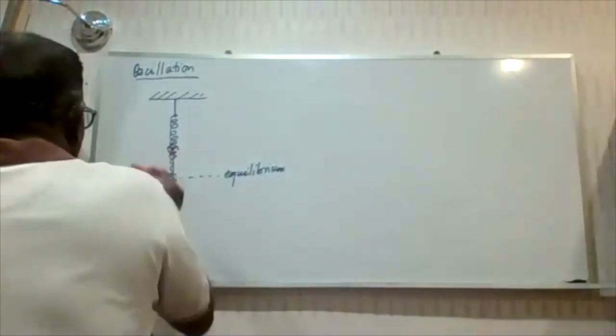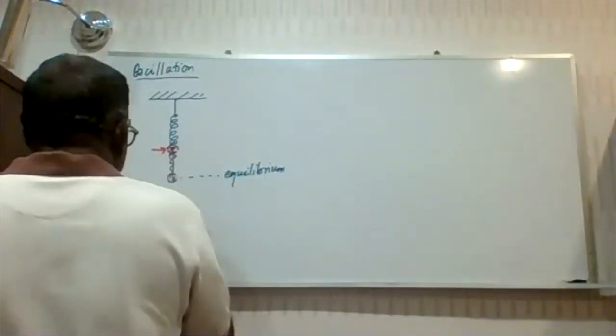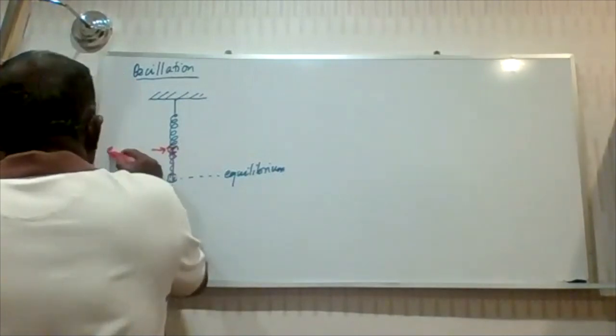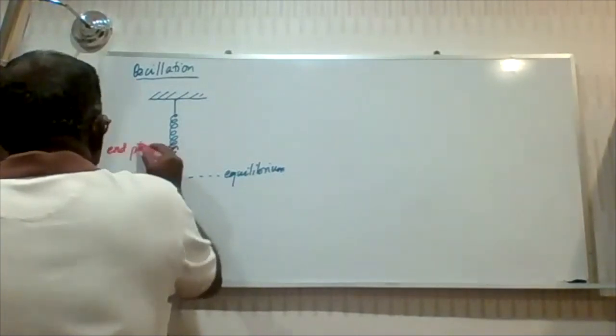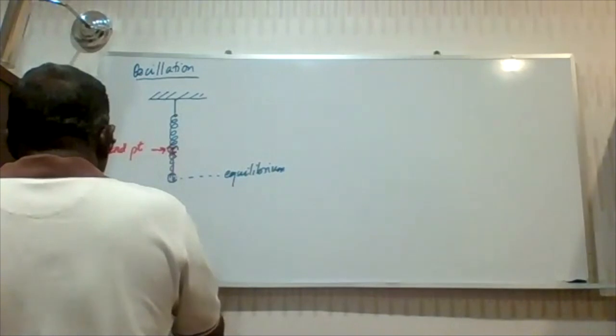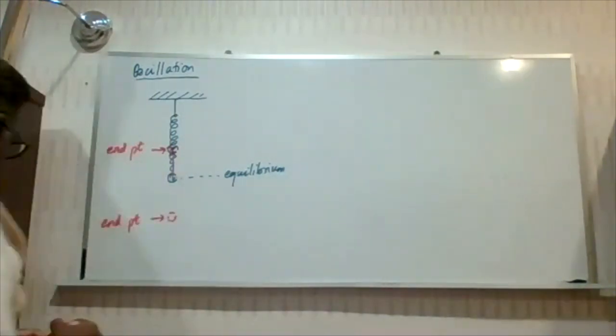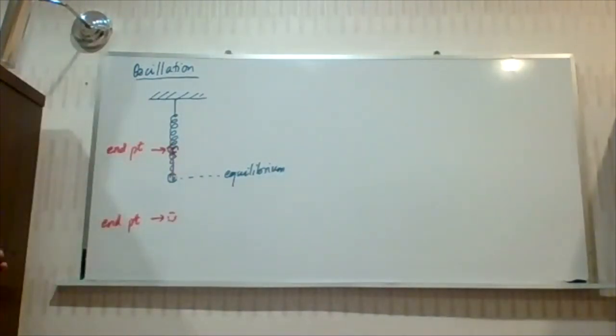Now, this point and this point are what we call endpoints. So in an oscillation, of course, there are many points, but there are three most important points that are needed to describe and understand the oscillation.